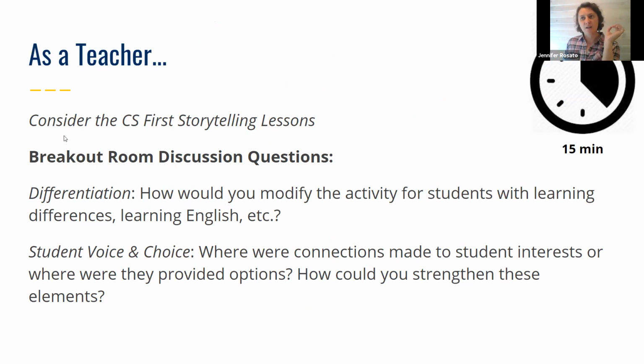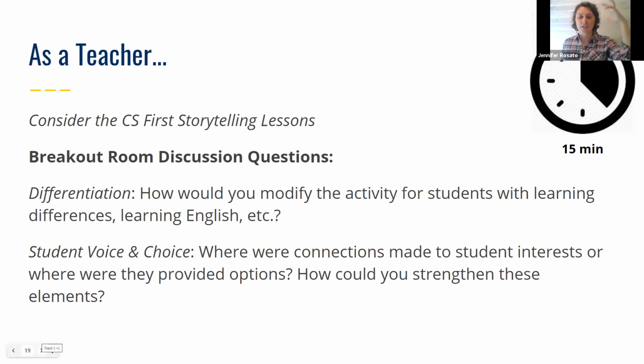But thinking back on the CS First storytelling lessons that you worked on, how did you see differentiation show up in the lessons, or how would you modify it if you were going to use the lesson for students with learning differences, students who are learning English as a second language, that kind of thing? And then also, how did you see student voice and choice in the lessons, or how might you need to add that to the lessons?